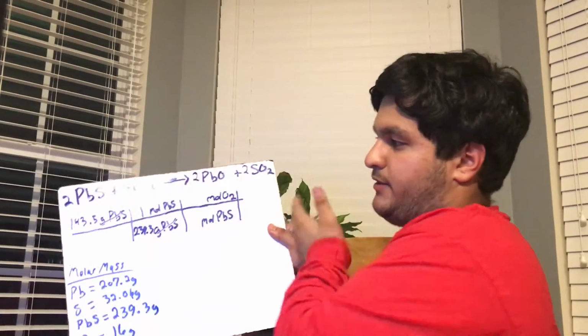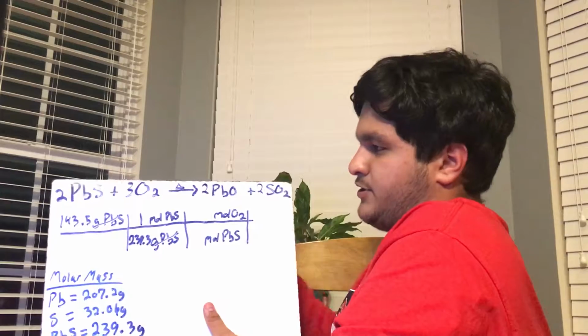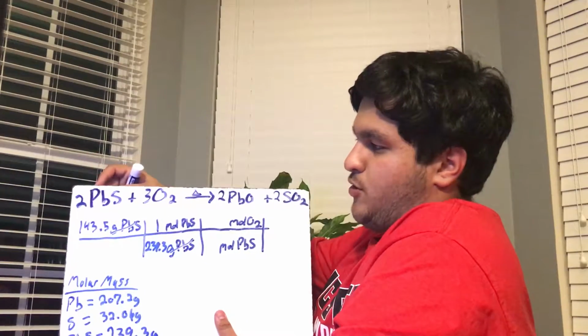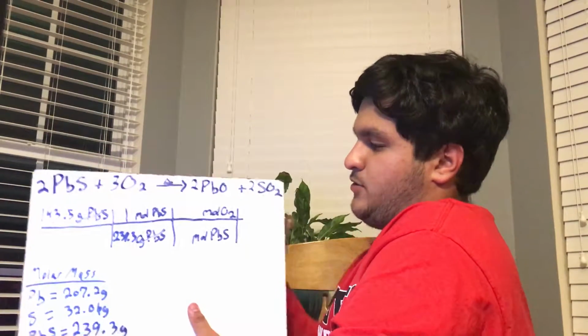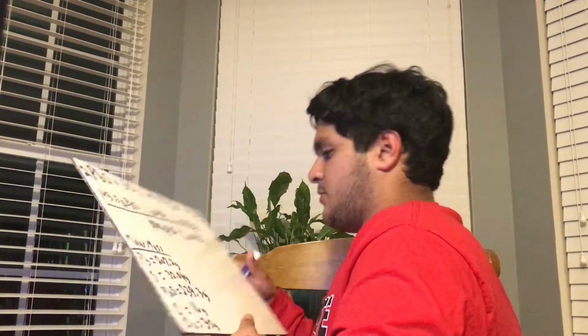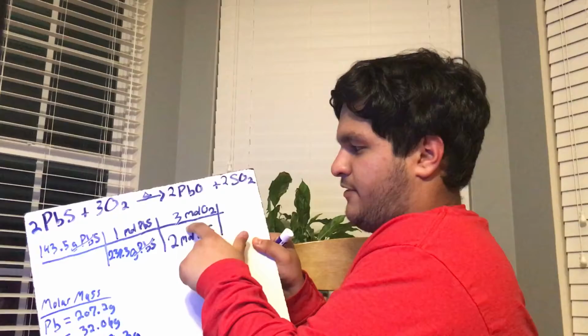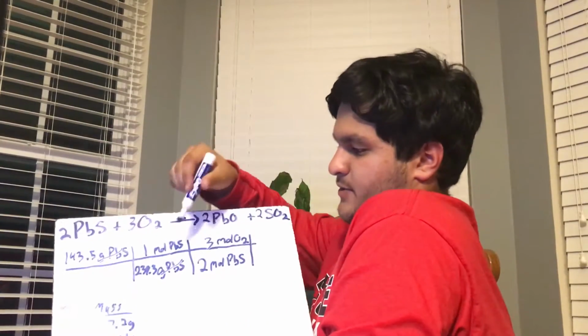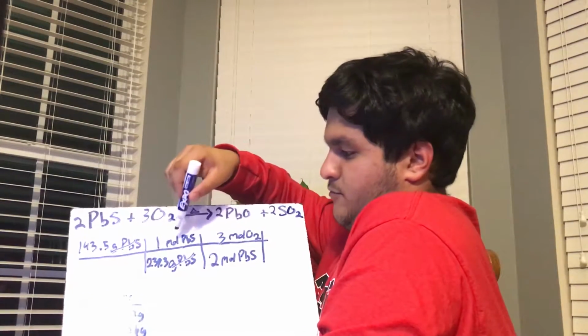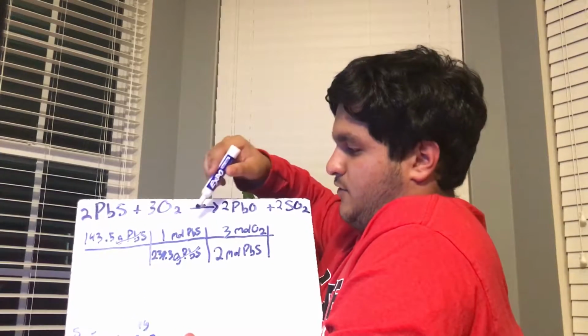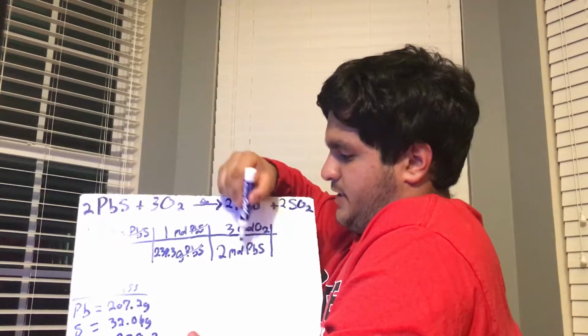By looking at our balanced equation, we know from our molar ratios that for every 2 moles of lead(II) sulfide, there are 3 moles of O2. So we write the 2 next to the lead(II) sulfide and 3 next to the oxygen. Now we have a mole of lead(II) sulfide there and a mole of lead(II) sulfide there, we can cancel.